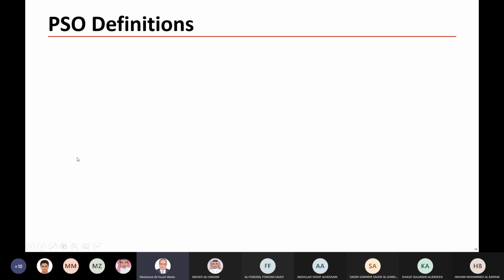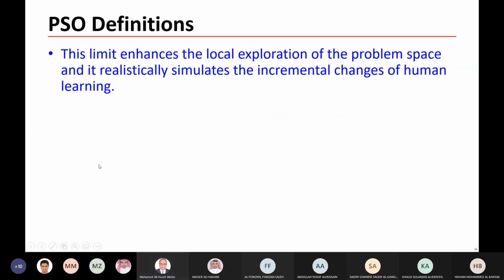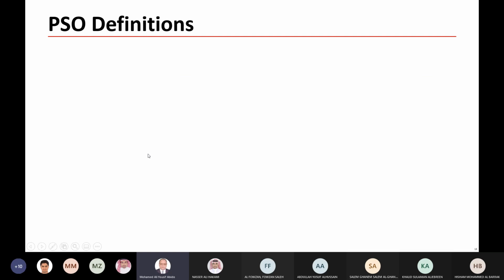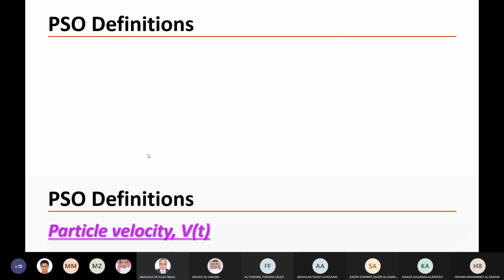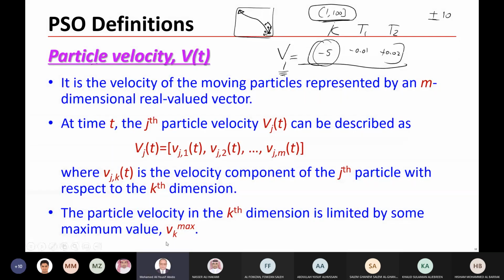It depends on this limit on the velocity. Yes, here it is. The particle velocity in any dimension is limited by some maximum value, V maximum. It shouldn't exceed that value.